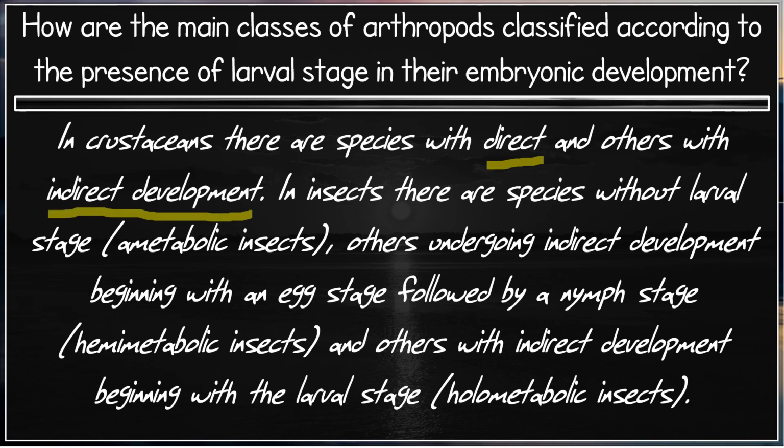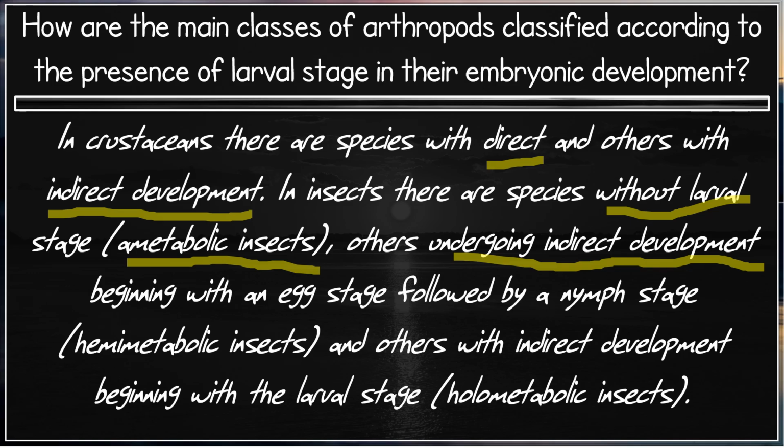In insects, there are species without a larval stage. They are called ametabolic insects. Others undergo indirect development, beginning with the egg stage, followed by the nymph stage: hemimetabolic insects.